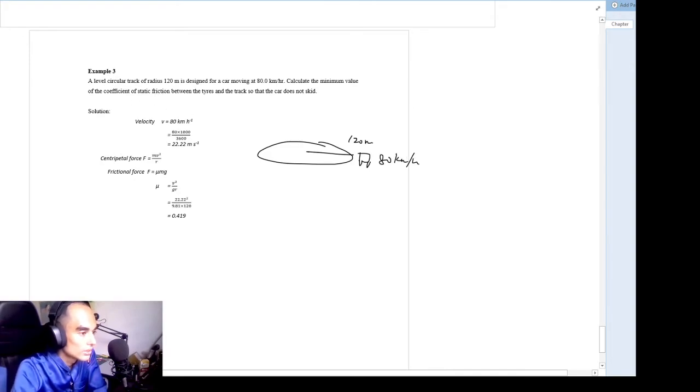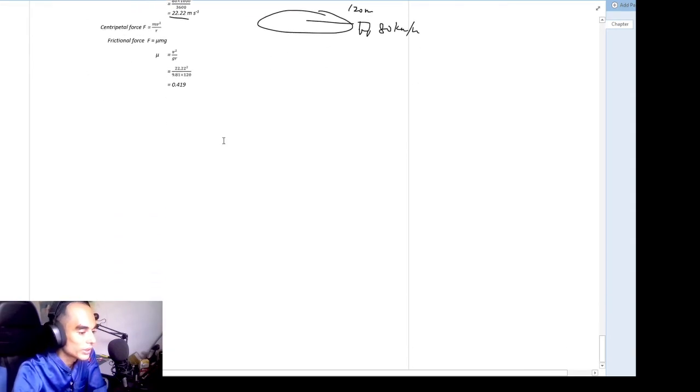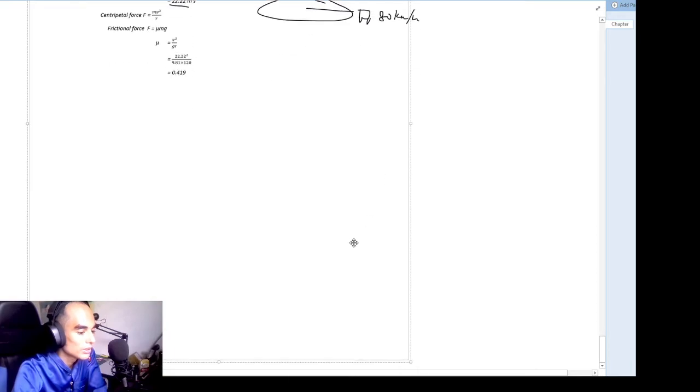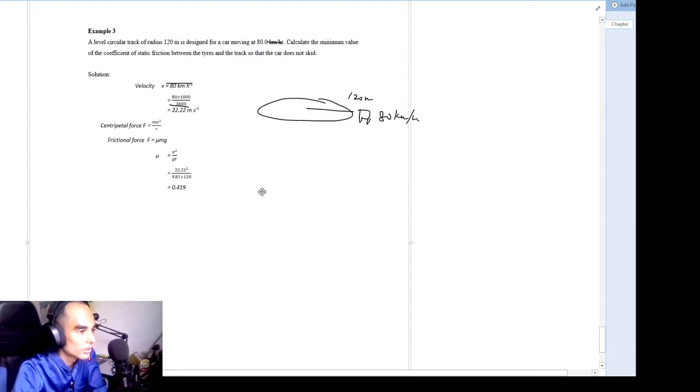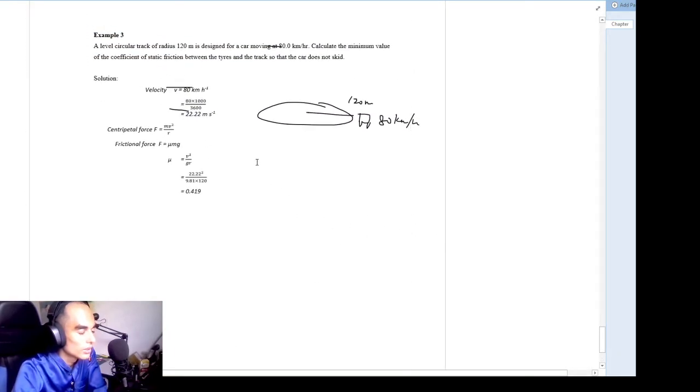Okay, so velocity is... we have to convert kilometers per hour into meters per second. So it's 22.22 meters per second. The centripetal force is the frictional force, which equals mu mg. So mu equals v squared over gr.